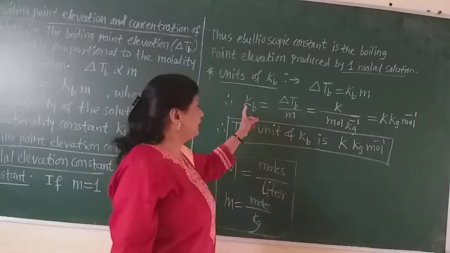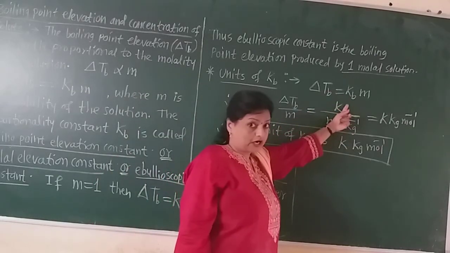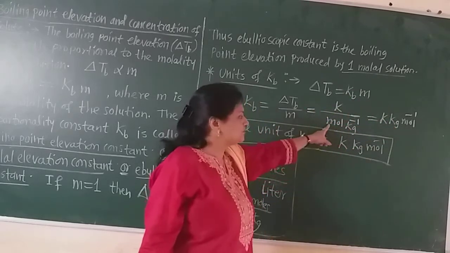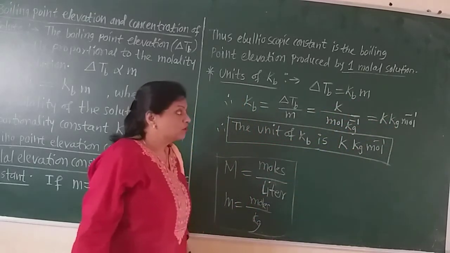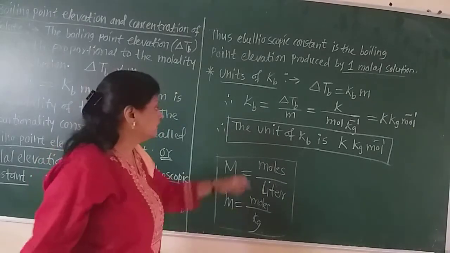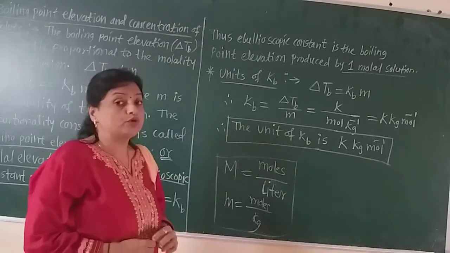So the unit of Kb becomes Kelvin, and now this kilogram goes to the upper side. So Kelvin kilogram per mole, because mole is in the denominator. The unit of the Kb is Kelvin kilogram per mole. So remember all this, students.